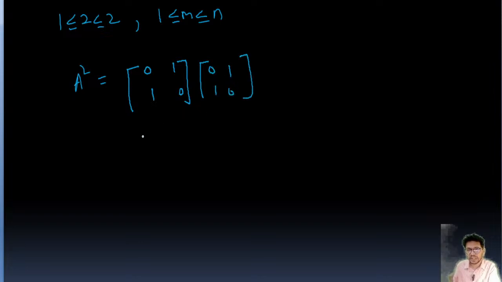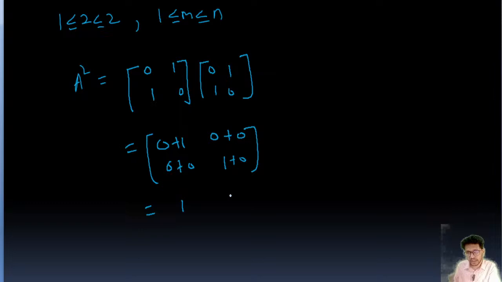So we'll multiply it. This is going to be 0 plus 1 and then 0 plus 0, and 0 plus 0 and 1 plus 0. So this value is 1 0 0 1, that is A square.